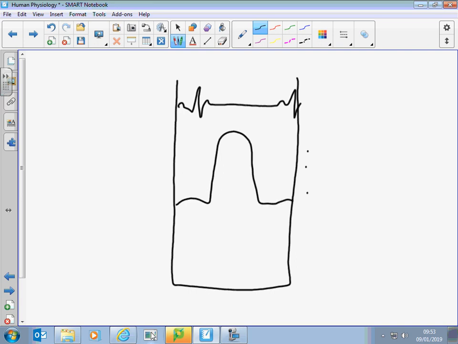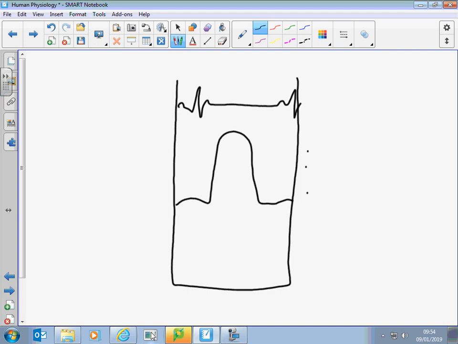So that's the left ventricle. Now, what happens in the ventricle is the pressure starts to increase as blood just trickles into it from the atrium. So that's this little blip. But then there's a huge increase in pressure because what happens? It contracts.